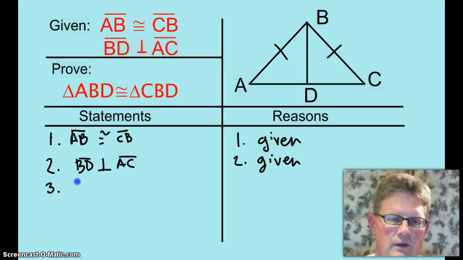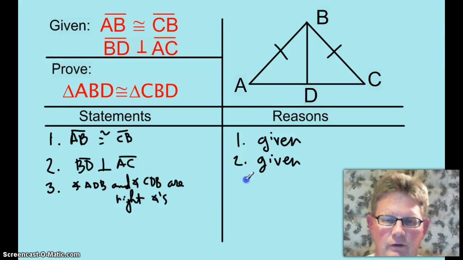I think we can say that angle ADB and angle CDB are right angles. Why can we say those are right angles? Well, you just said they were perpendicular. That's a definition of perpendicular segments.